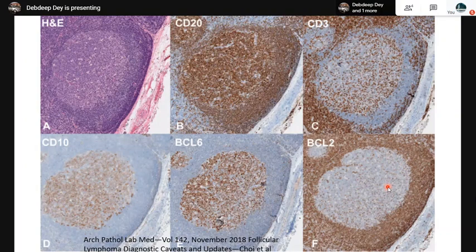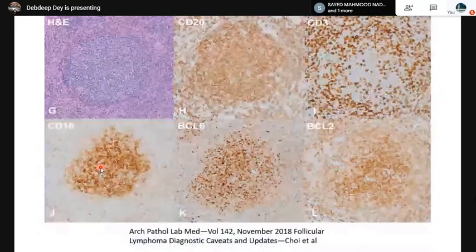Therefore you have to, in your mind, subtract those CD3 positive cells from your BCL2 positive cells to assess whether CD20 positive cells are truly expressing BCL2 or not. Then you look at BCL6 and CD10, the germinal center markers, and these are positive. So this is definitely a follicular hyperplasia.